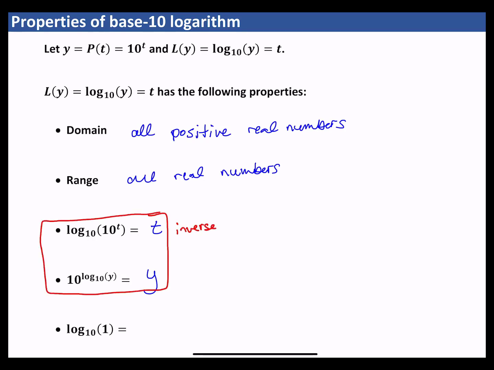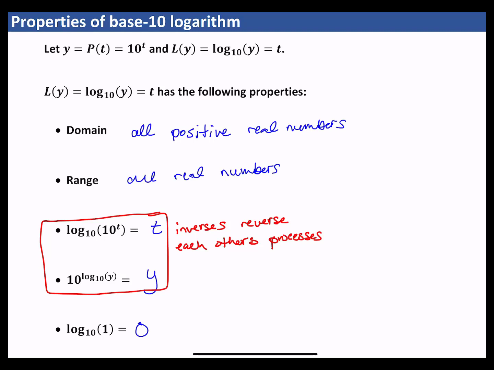They reverse each other's processes, so the input and the output end up being equal. And then lastly, log base 10 of 1 equals 0. If you don't remember why these properties are true, it would be a good idea to watch or rewatch Screencast 3.4.2 before moving on.